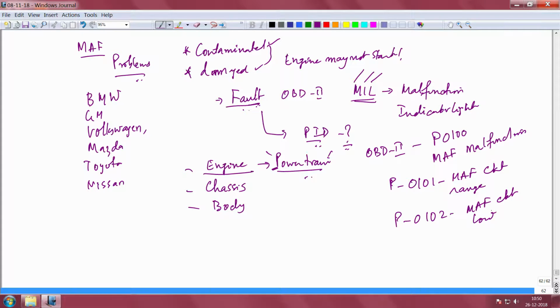So, you can have circuit high which is 103, then you can have 104, circuit intermittent and so on. So, you will have what are known as DTCs, diagnostic trouble codes. It will essentially indicate the diagnostic trouble codes.